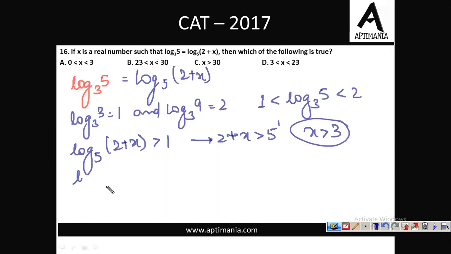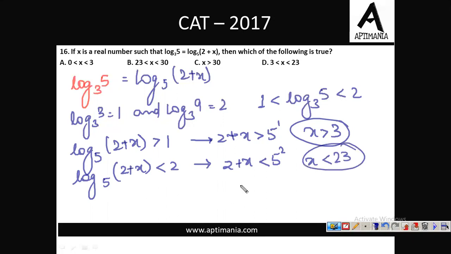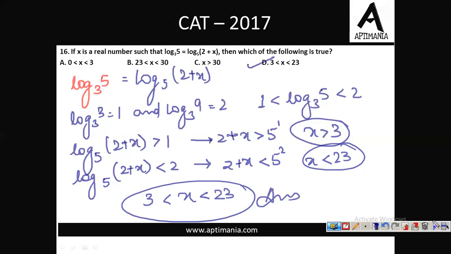Also for log 2 plus x base 5 to be less than 2, 2 plus x should be less than 5 square, which is 25. So x should be less than 23. On combining the two solutions, x should be greater than 3 and less than 23. So the range of values of x lies from 3 to 23. So the correct answer for question number 16 is option D. x is greater than 3 and less than 23.